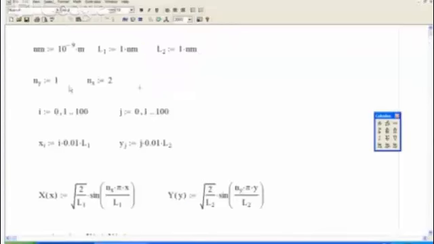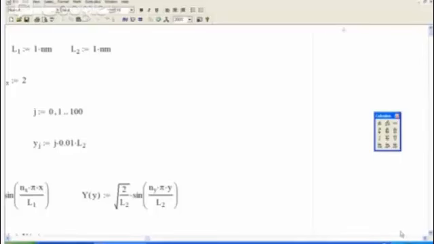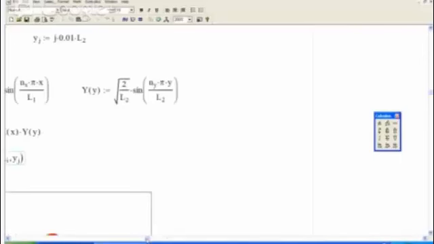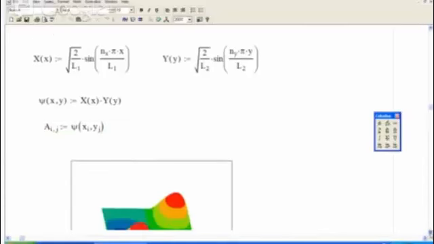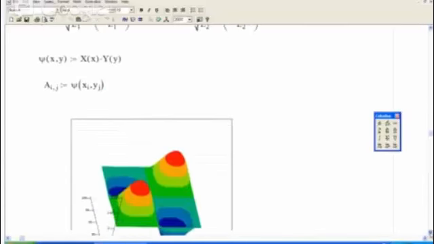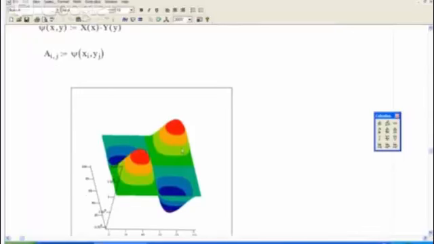Okay? So if you set n sub y equals 2, you're also going to get a node at L2 over 2, and let's see what happens when we do that. And this is what you get. So you have a node here at L1 over 2, and then you have another node at L2 over 2, at y equals L2 over 2.